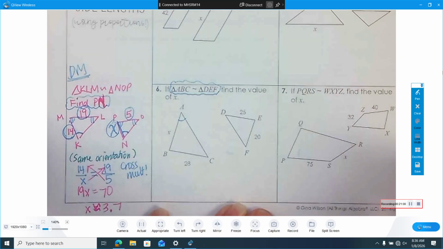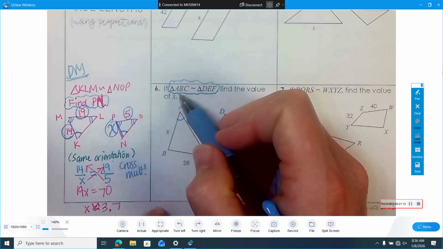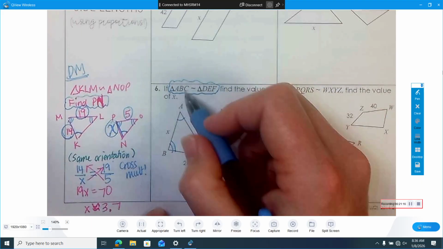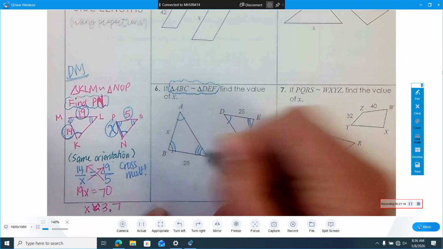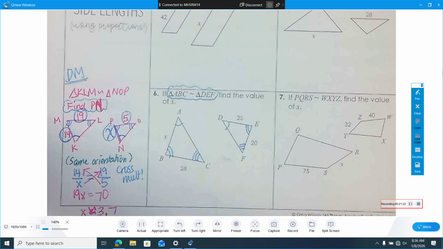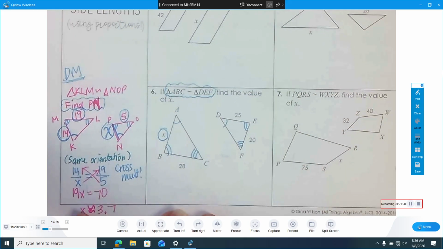So angle A corresponds to angle D. And then angle B corresponds to E. And angle C corresponds to angle F. So it's really important that you mark your picture, and now we can write our proportions. So if I start with X, what does X correspond with in the other triangle? 25.